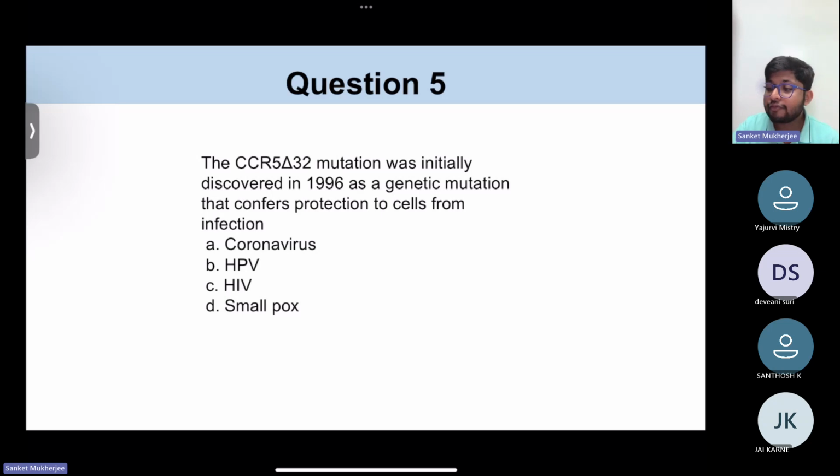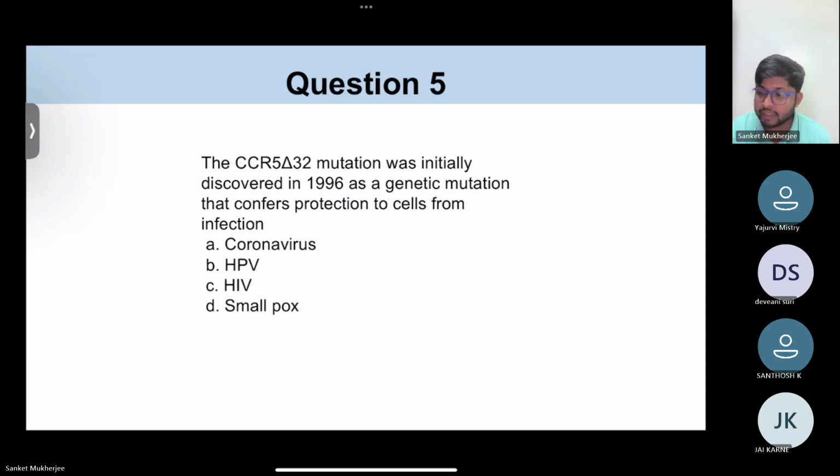The CCR5 delta 32 mutation was initially discovered in 1996 as a genetic mutation that confers protection to cells from infection of coronavirus, HPV or human papilloma virus, HIV, human immunodeficiency virus, or smallpox. All of these are viruses.